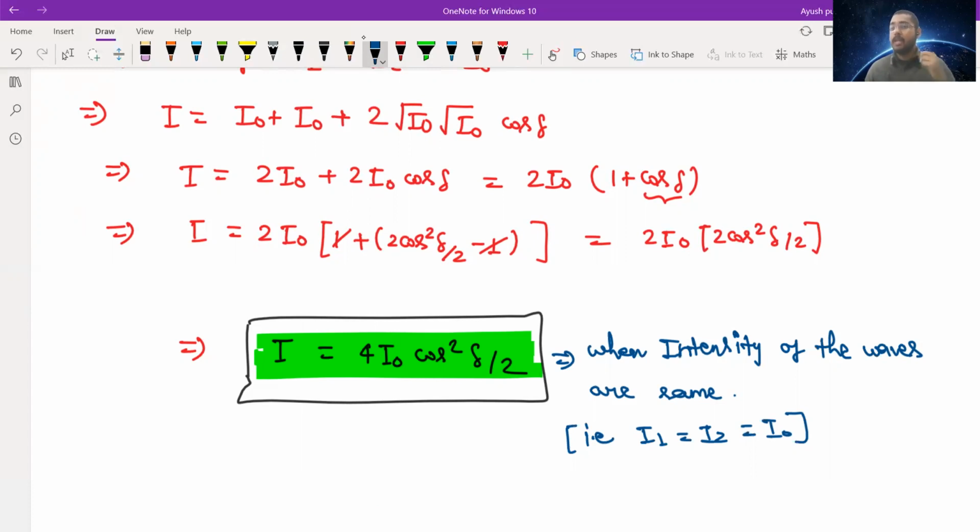We will achieve 4 I naught maximum intensity when the individual wave intensity is the same, and we will achieve 0 minimum intensity if the intensity of two waves are the same. And this is the formula for any general phase difference. So if you know the intensity of the individual wave and the phase difference delta of the individual waves, then you know the resultant intensity. Okay. I hope you have understood.